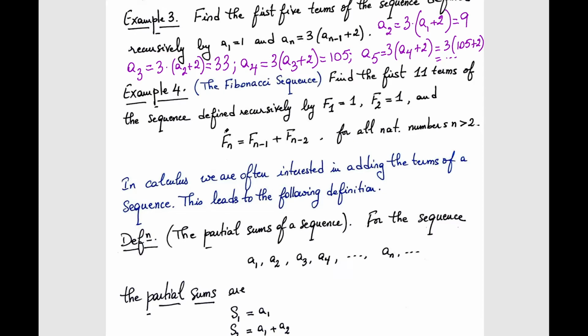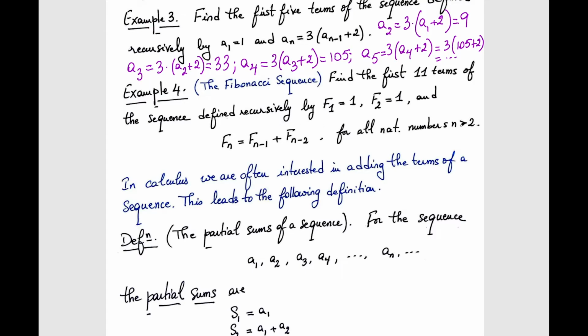So the nth term is the n minus first term, which is the previous one, plus the n minus second term, which means the one before the previous, so two terms before the nth term, right? So long story short, each term is the sum of the two preceding ones. Make sense? This is what this recipe is saying.